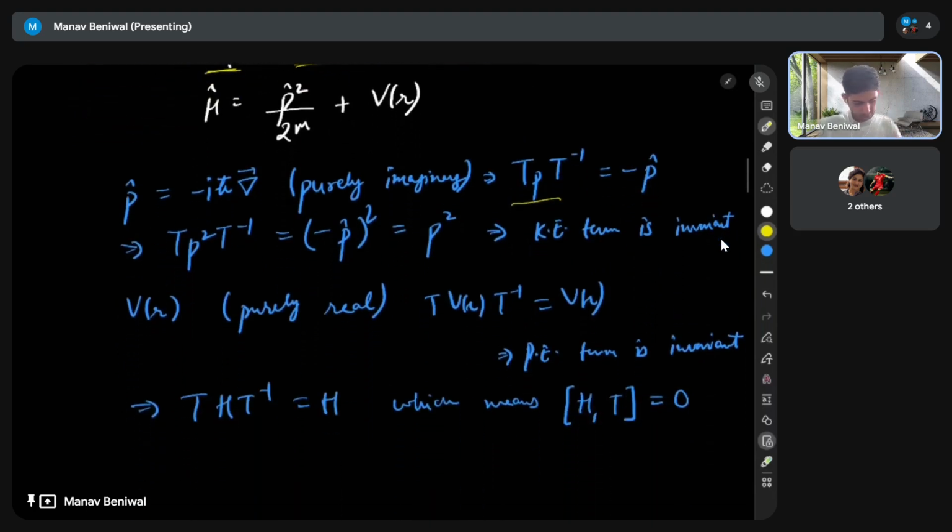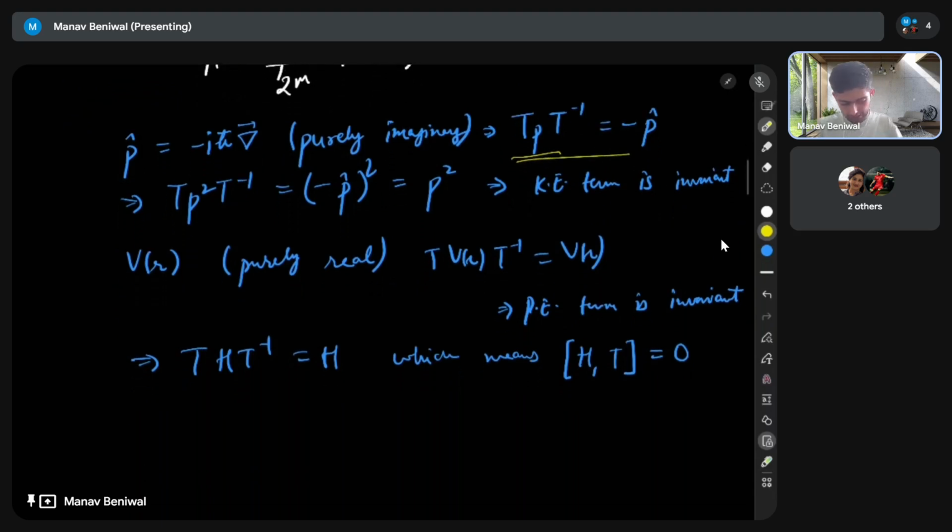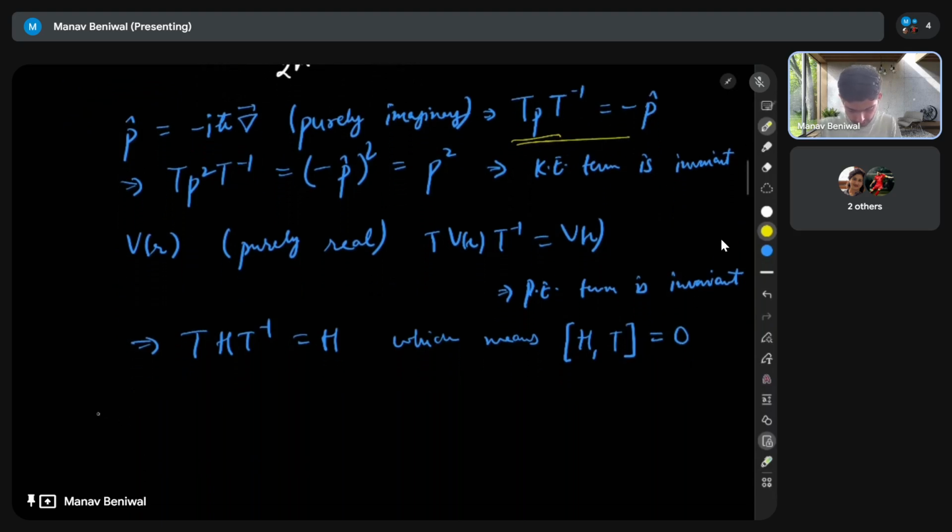So let us do this again. Let me write it again. Here we have T, then P, and then T inverse. If I write this explicitly, it becomes T, minus iota h cut delta, and then T inverse.